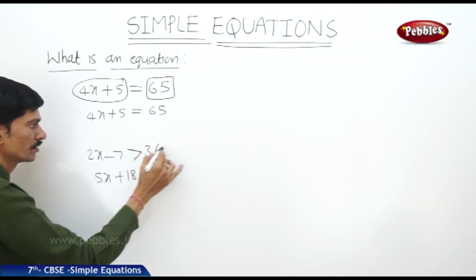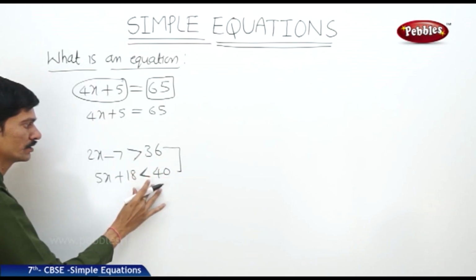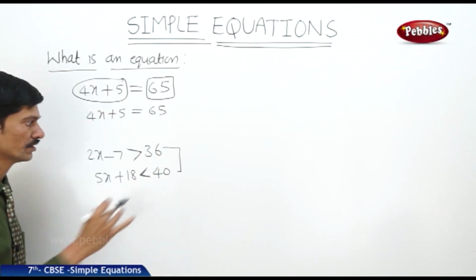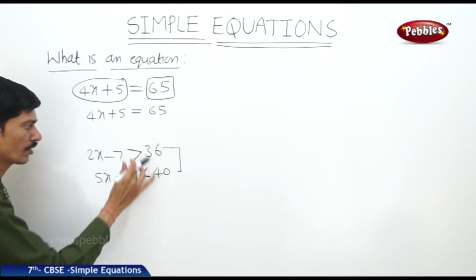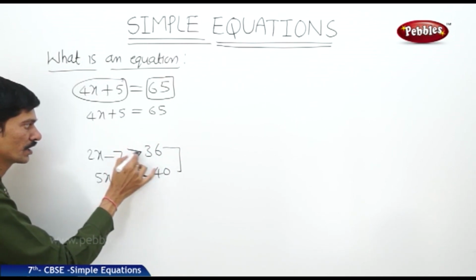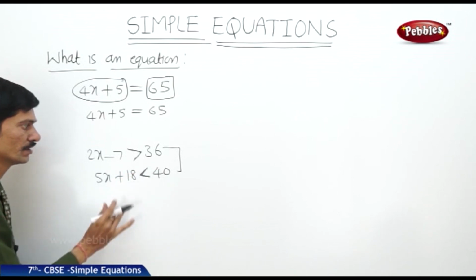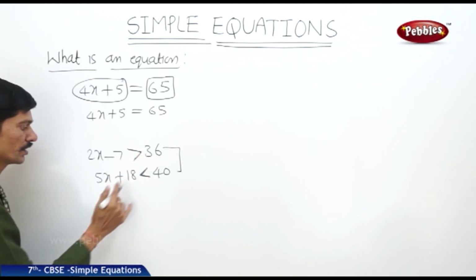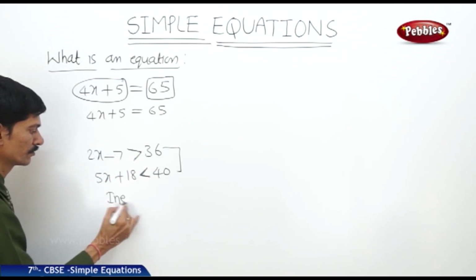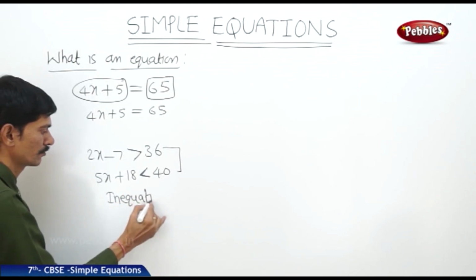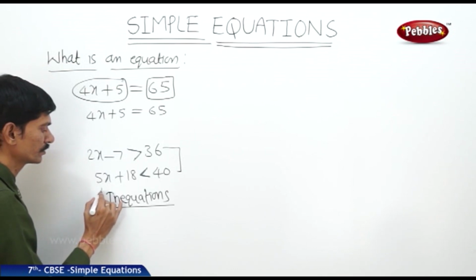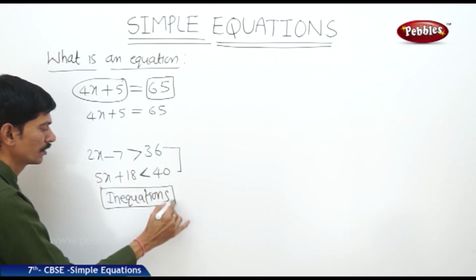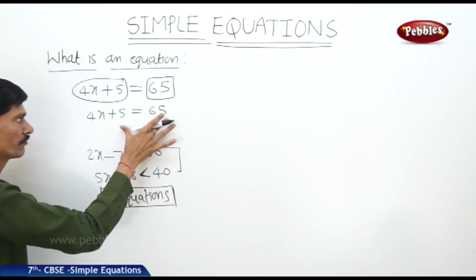So these are not considered as equations because they contain symbols other than the equality sign. These are called inequations. These inequations you will learn later on. Now let us focus on only equations.